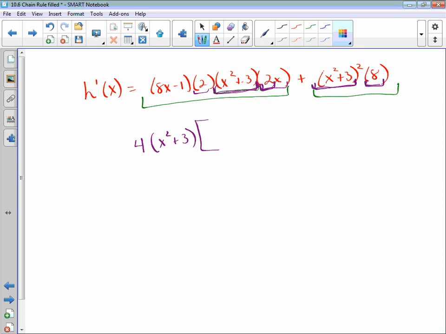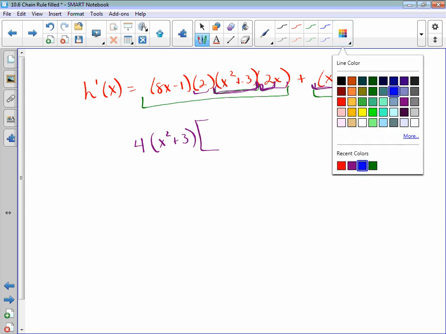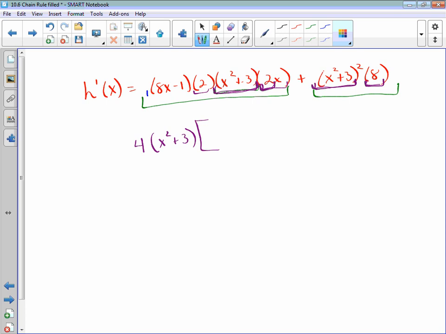Times, that would leave me with this, which would still be there, right? And my x would still be there from this one. What squared?